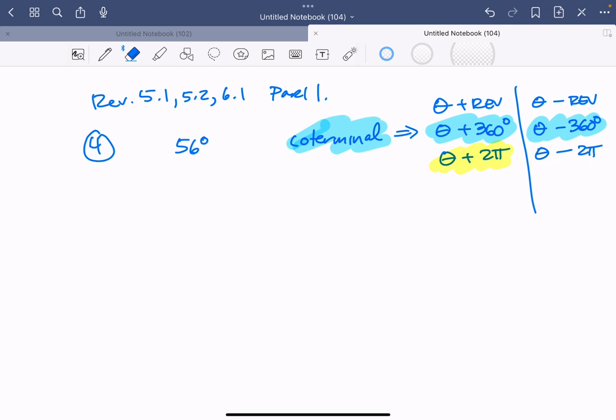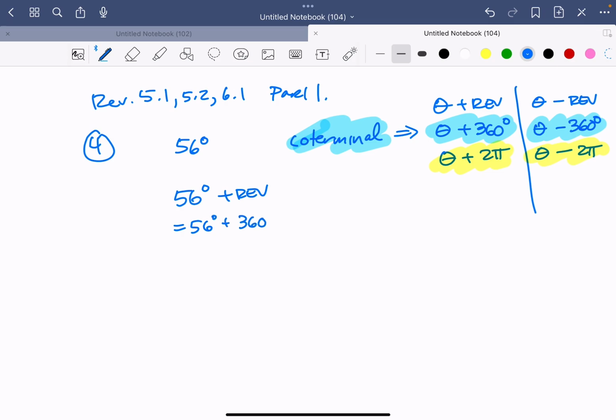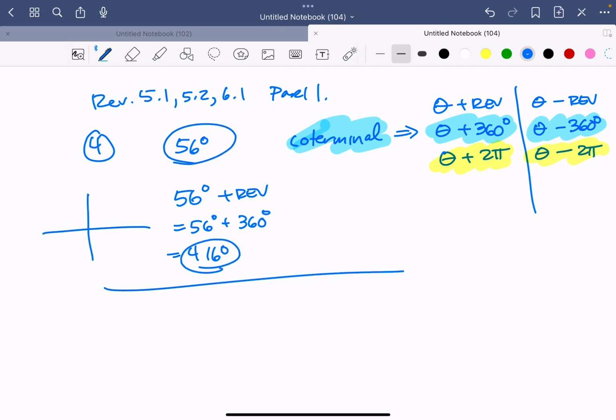So subtract there would look like that. Okay? So that means for 56 degrees, we are going to add a revolution and get 56 plus 360, and you end up getting 416. It's a coterminal angle with 56. So if you open up 56, you're here. If you waste a revolution and go around, you're still at the same dot. So that means that 56 and 416 get you the same spot on the unit circle.